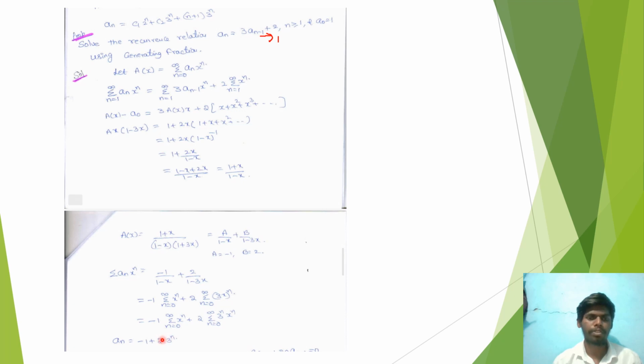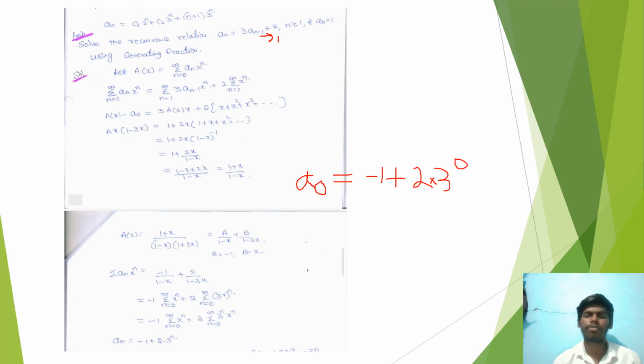When we substitute the a naught value here, let's try this. a naught is equal to minus 1 plus 2 into 3 to the power of 0.